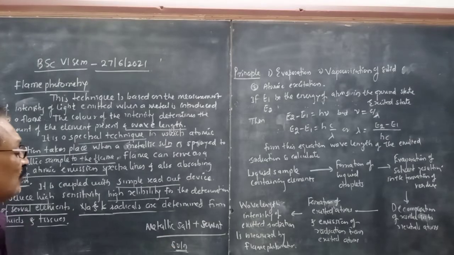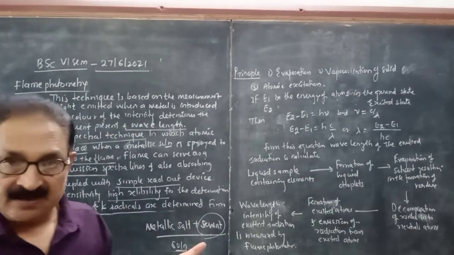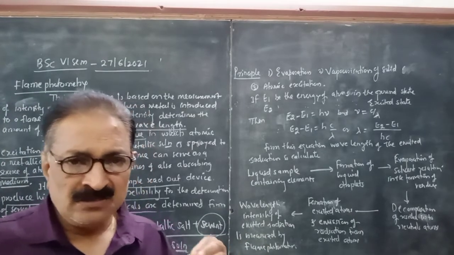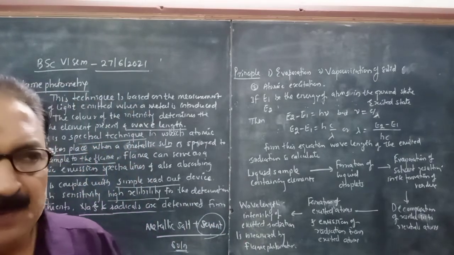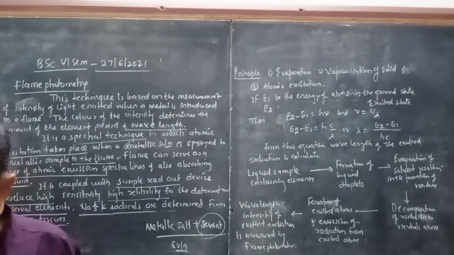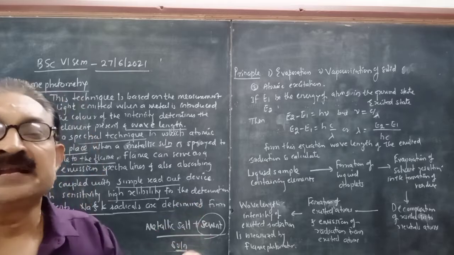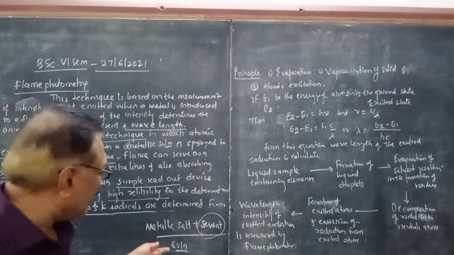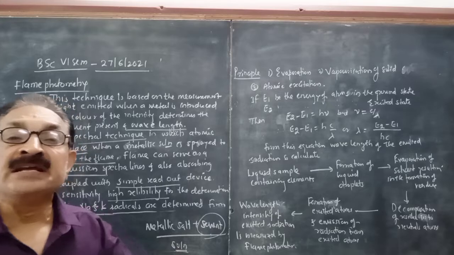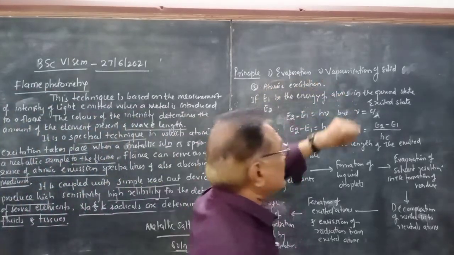Whatever the solvent is there, this solvent gets evaporated, because when it is applied to the flame, immediately the solvent evaporates, leaving behind a metallic solid residue, and this is called evaporation.